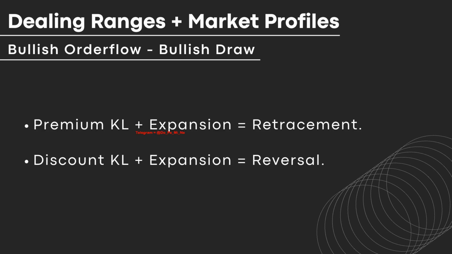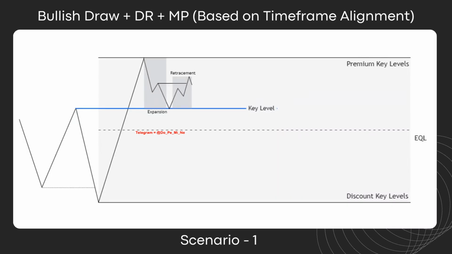Now let's look at some graphical representation of the different scenarios that we've got. Considering the drawn liquidity is bullish and the market condition is bullish, we're combining it with this higher time frame dealing range and the lower time frame market profiles. As I said before, it will be based on time frame elements. Here you can see that we've got this high and this low. First we take out the low, and then we take out the swing high right here.